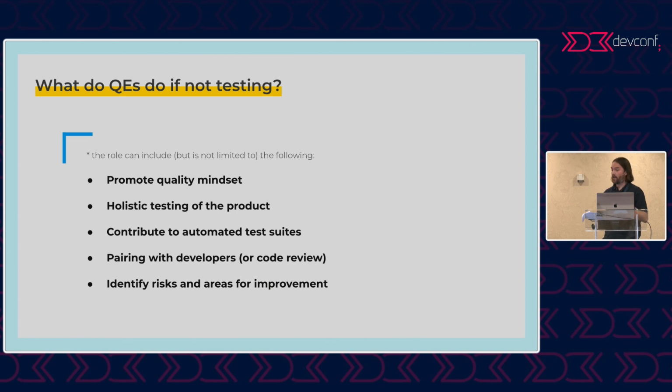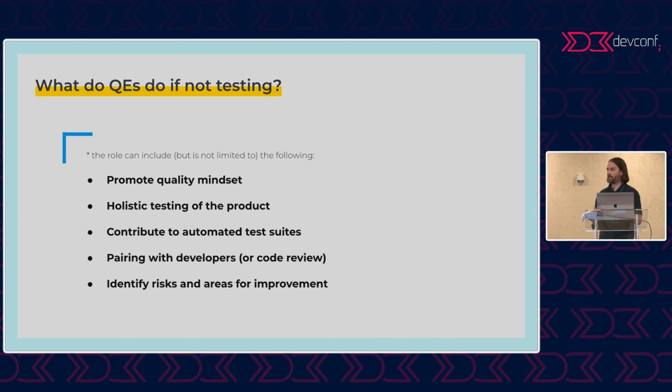They're often very good at finding those gaps in our test suites and identifying another edge case that isn't quite covered. They can fill those gaps. Pairing is another great one. I think we already touched on this one. Code review as well, to make sure that the right level of testing is there. And identifying risks and areas for improvement.